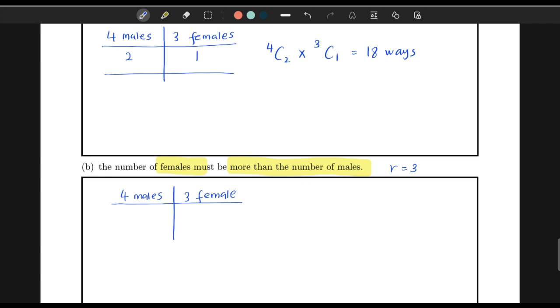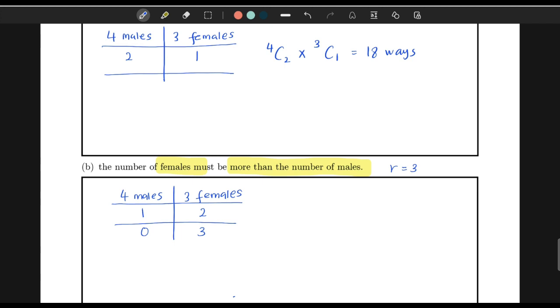Since we want to choose only 3 students, we can choose 2 females from 3 or 3 females from 3. If we choose 2, the remaining is 1 male. And if we choose all 3 females, no male we can choose.